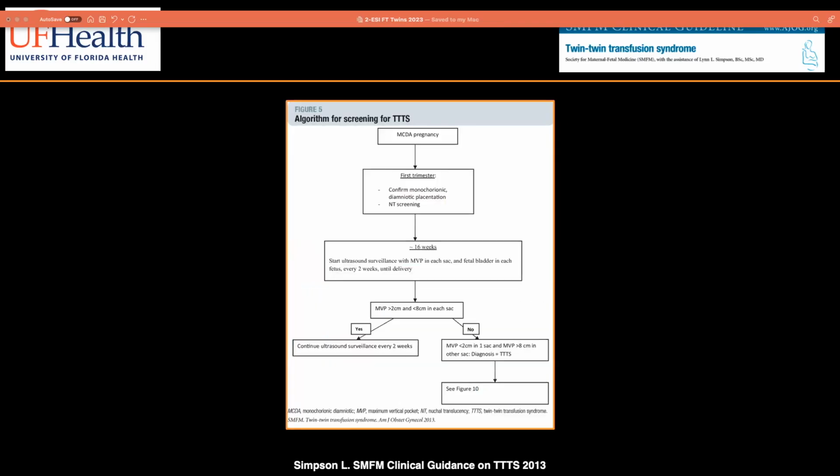And according to the SMFM, their management in the first trimester is you confirm monochorionicity and you do your NT screening, you bring them back at 16 weeks, you check your maximal vertical pocket, and if it's normal, you continue to do surveillance every 2 weeks. If it is less than 2 centimeters in one, and more than 8 in the other, you do diagnose TTTS and manage them accordingly.